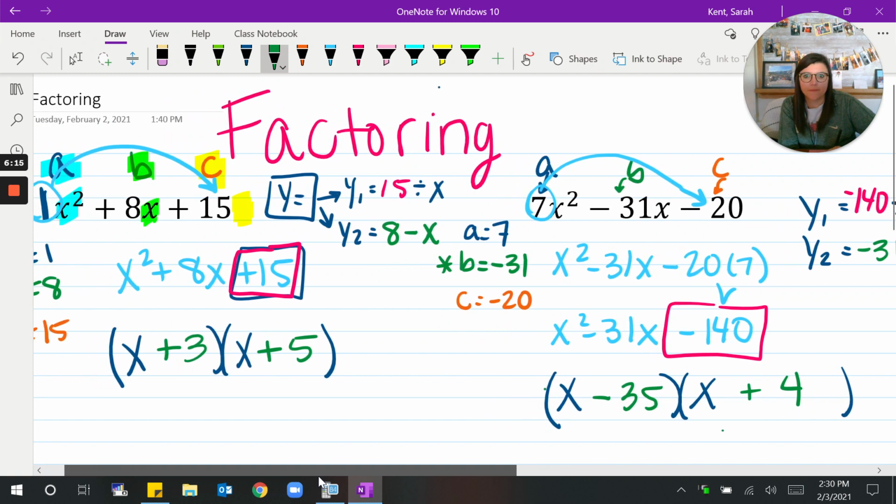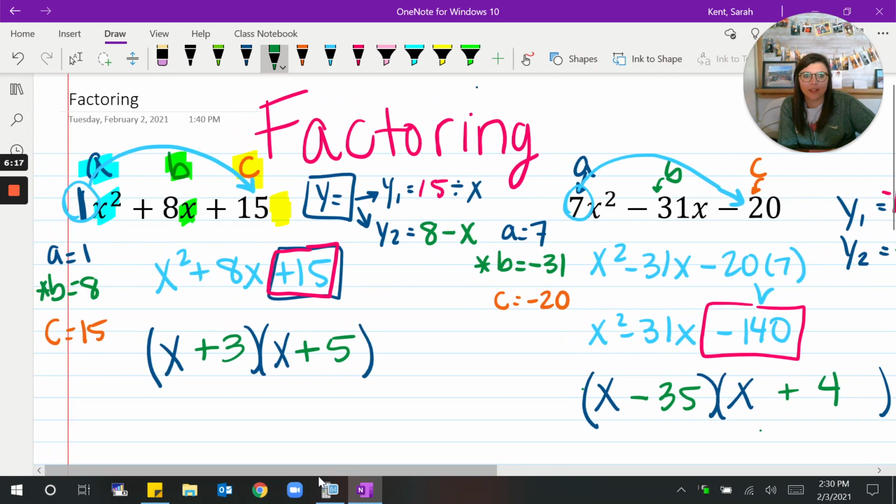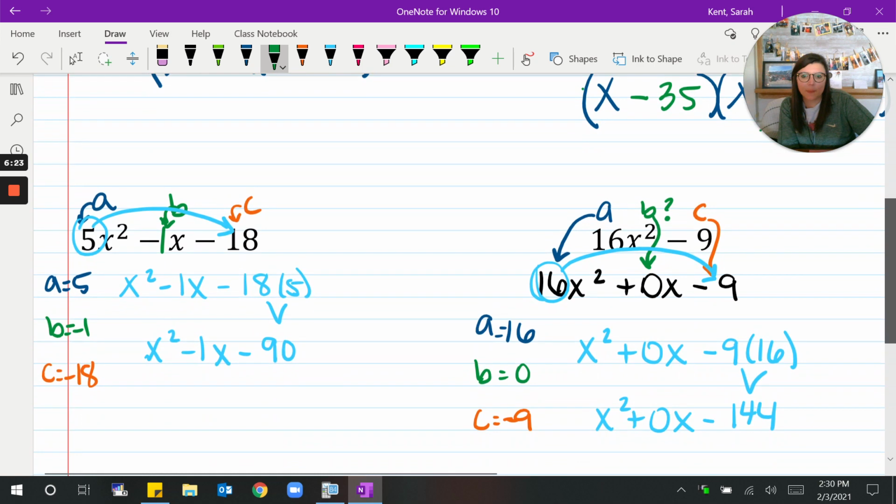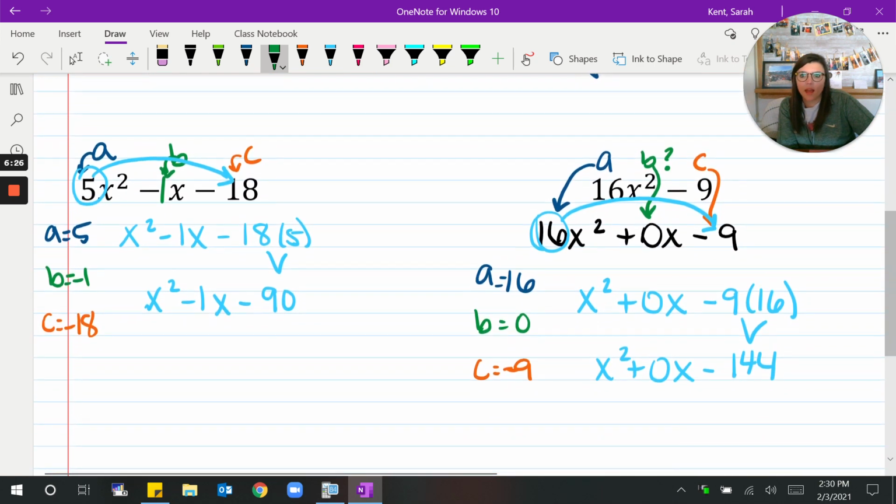All right, let's do another example together. We'll do 2 more together, and then you'll have your practice. Okay, here we had 5x squared minus 1x minus 18. So again, we want to start by thinking about y1 and y2.